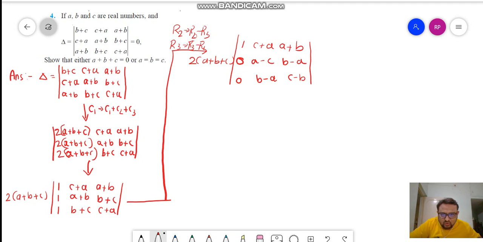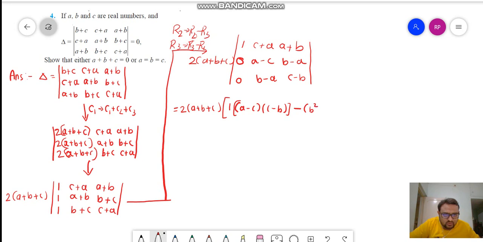Okay, now let's solve it. This will be equal to 2 into A plus B plus C. See, I will solve by this column, okay, because there are two zeros. So 1 into A minus C into C minus B minus B minus A into B minus A whole square.